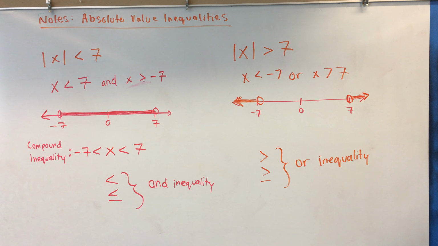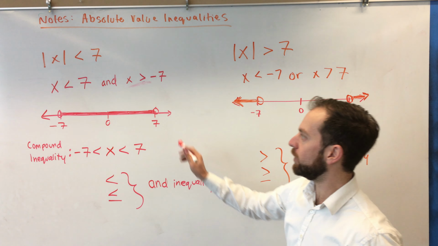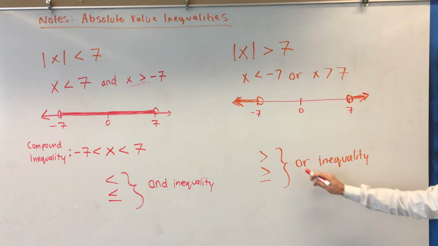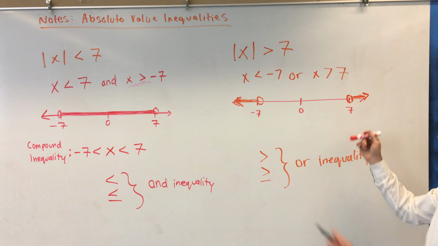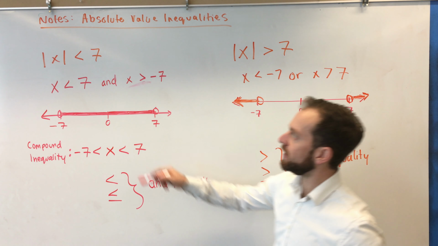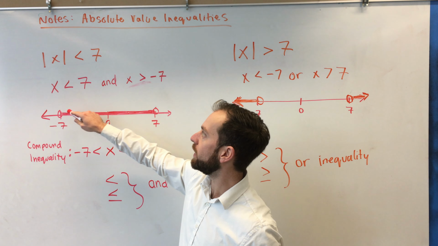So using this idea, we can see a couple of patterns. If you have less than, it's an and statement, and you're shading inside. If you have a greater than sign, it's an or statement, and you're shading on the outside. Similarly, this one stays the same, it just takes away the absolute value sign.